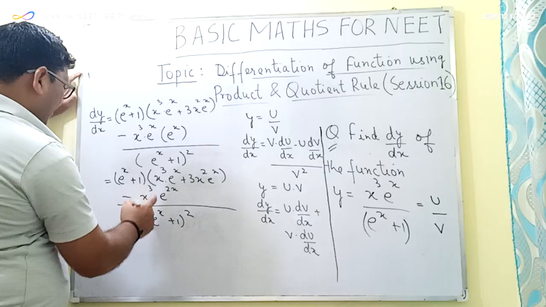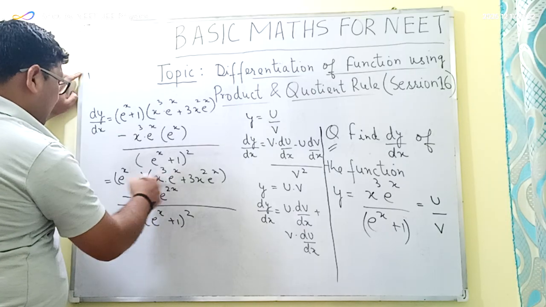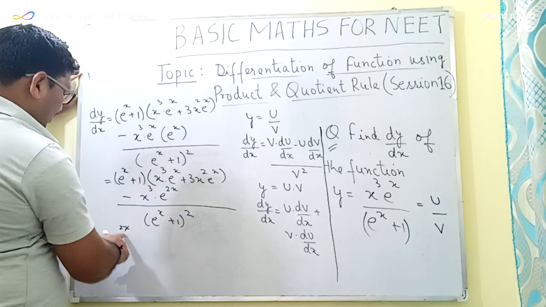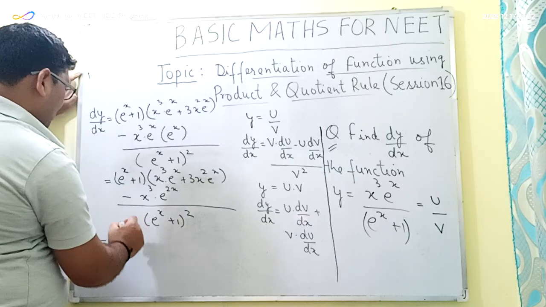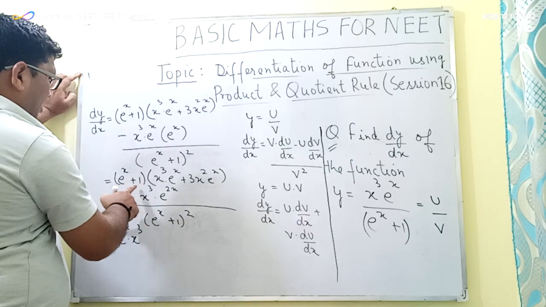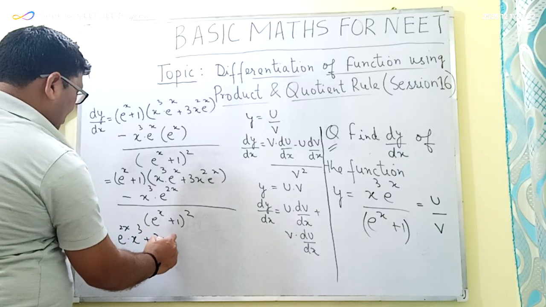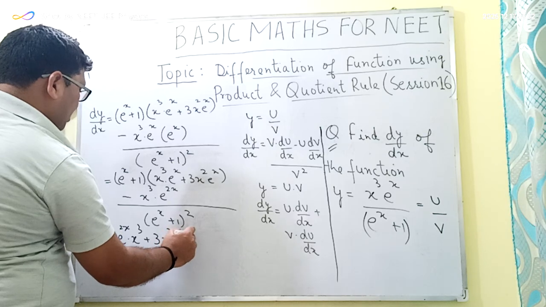So from here I will be getting e to the power x into e to the power 2x into x cube, by multiplying this e to the power x with this, plus 3x square e to the power 2x.